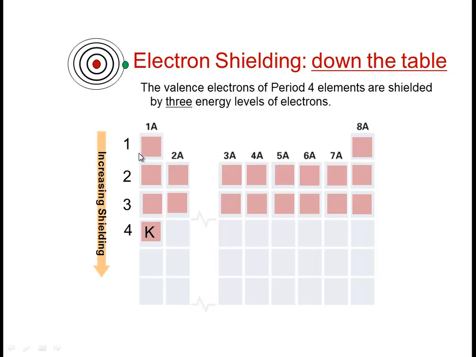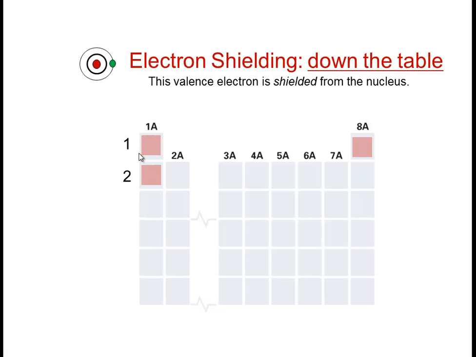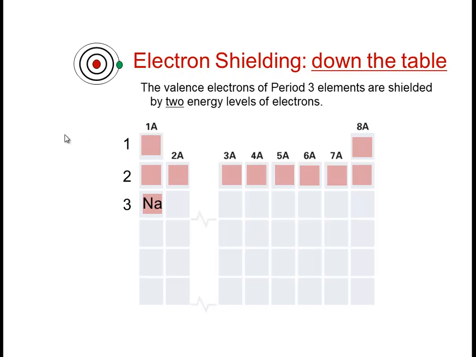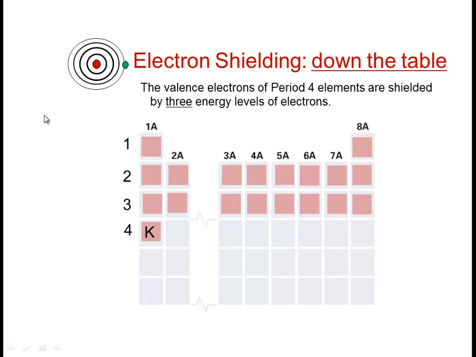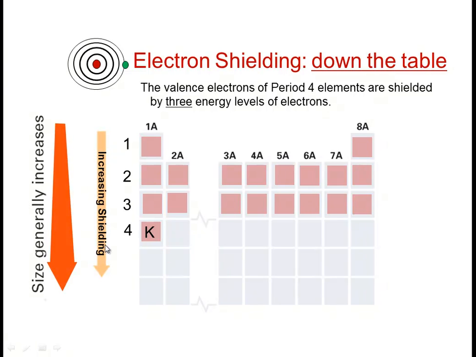Let me back up a little bit. I hope that I'm making that reasonably clear. Okay, there's lithium, there's sodium, so watch the model there. Every time you go down another period in the periodic table, you're adding another layer of electrons between the valence electrons and the nucleus. Therefore, shielding increases, and that, my friends, is why size, atomic radius, increases as we go from top to bottom.